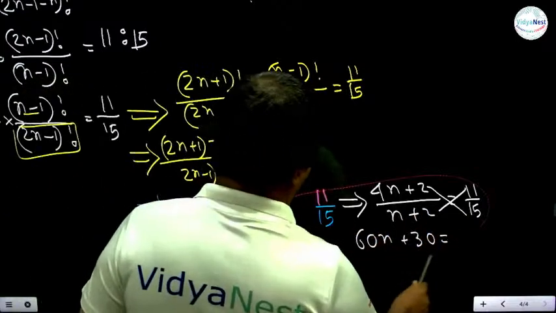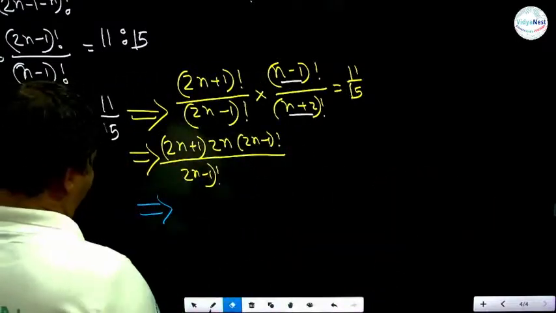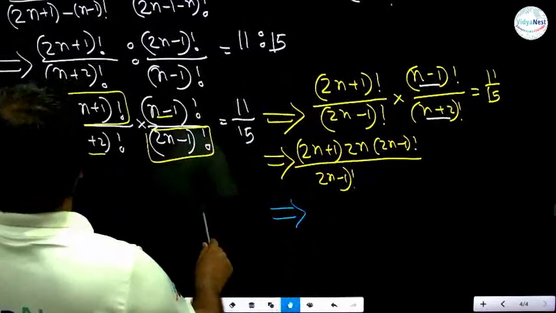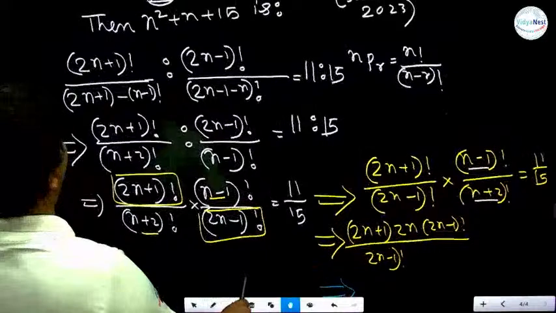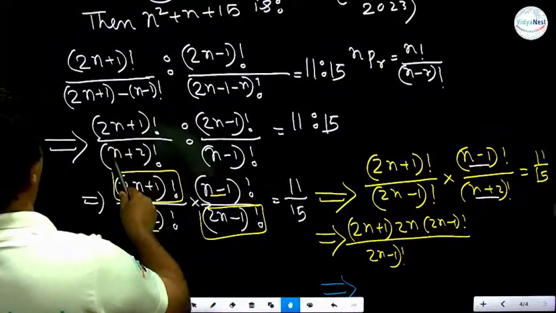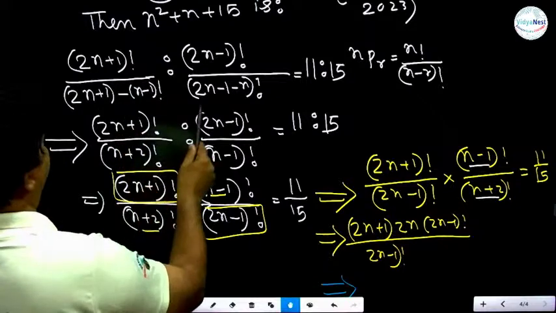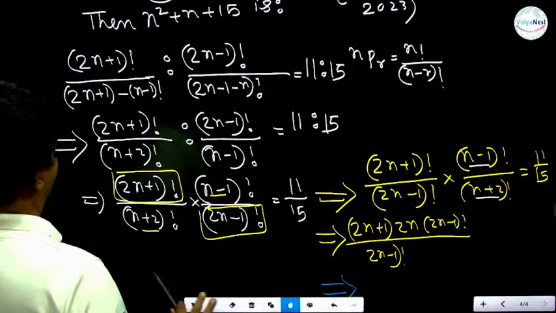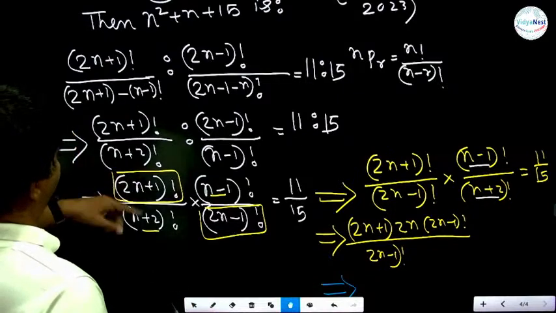Yes, sir. If there is no other such mistake here: 2n plus 1, n plus 2, 2n minus 1, n minus 1. No mistake. Okay.